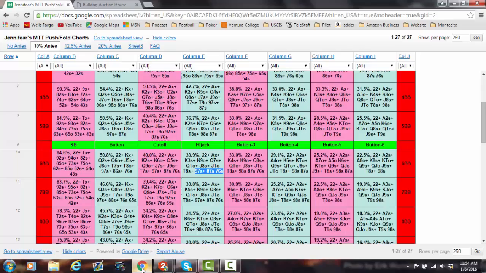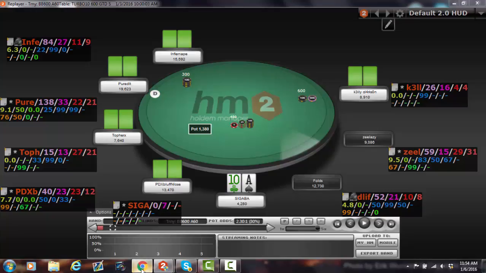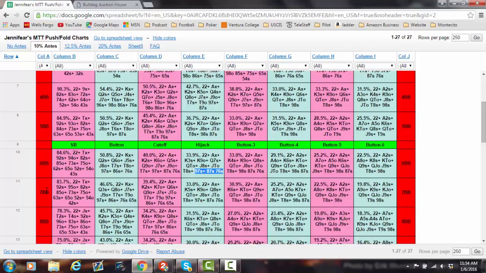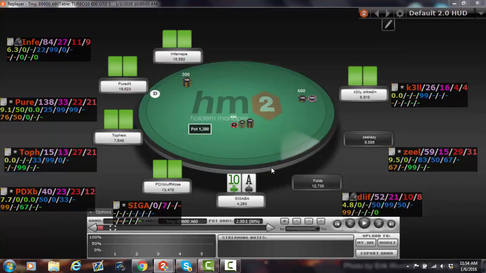So we start by going to 7 bigs, then we go to button 3, and here we have ace-x plus. Okay, so any ace, doesn't matter suited or offsuit, we're shoving it. Okay, so it is a pretty obvious shove.